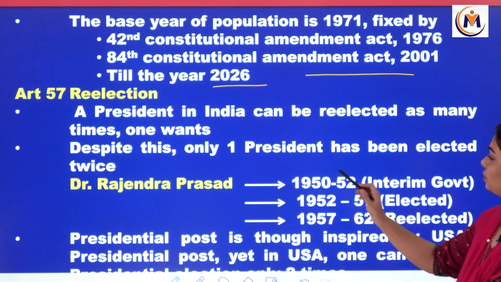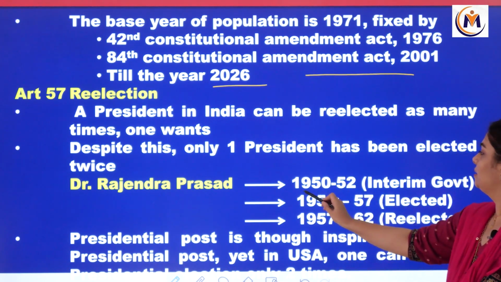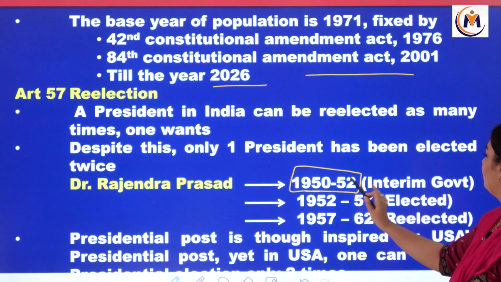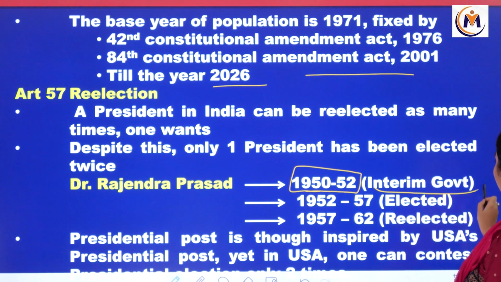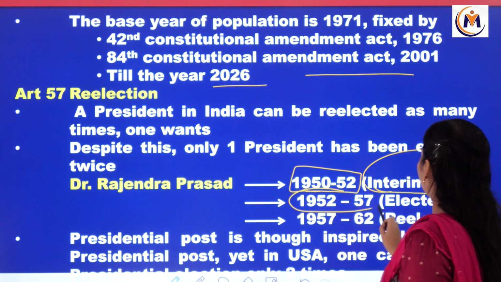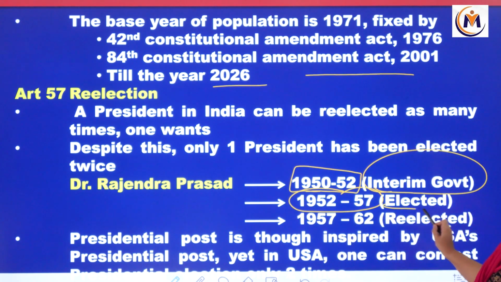Dr. Rajendra Prasad was elected from 1950 to 1952 as president of the interim government. Next comes 1952 to 1957. He was elected as the first president of independent India.